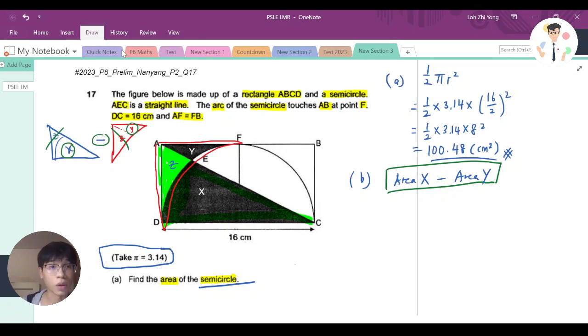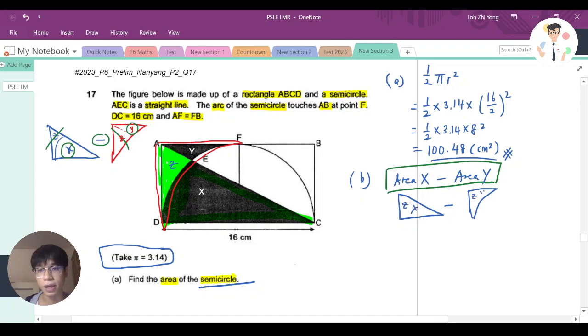So now, in conclusion, what I need to do is to find a triangle and minus the boomerang. So here will be Z and X, it will be Z and Y. So how to find this triangle? Of course, you know here is 16 cm.